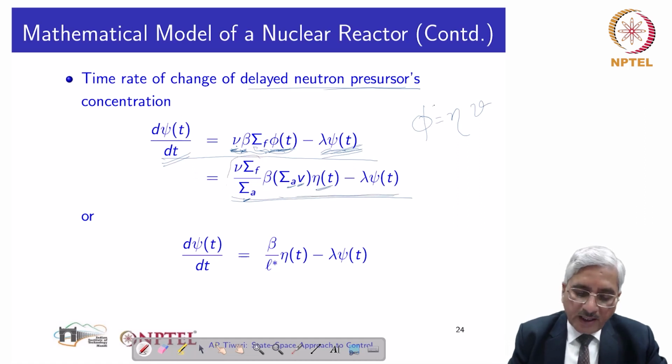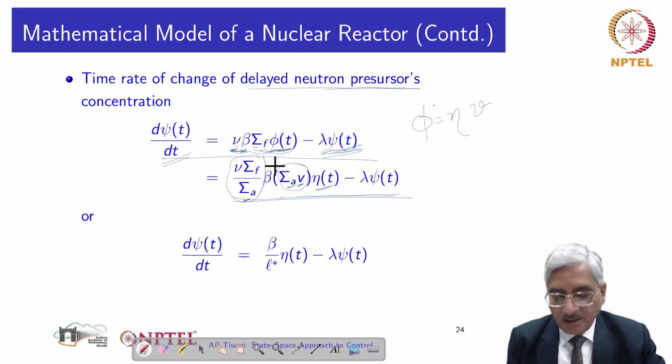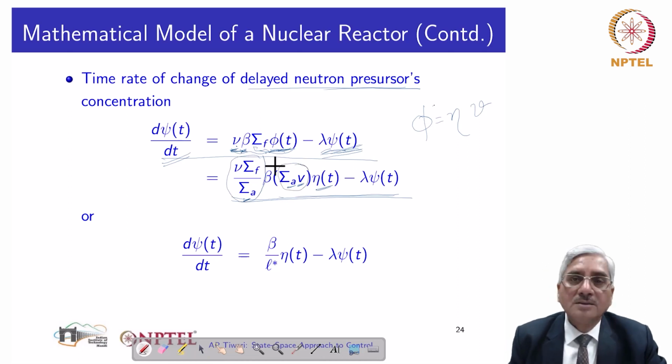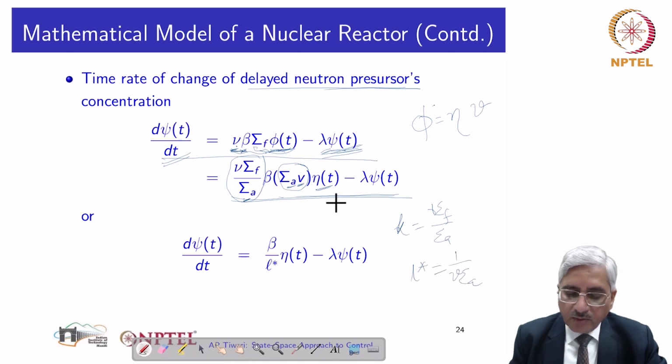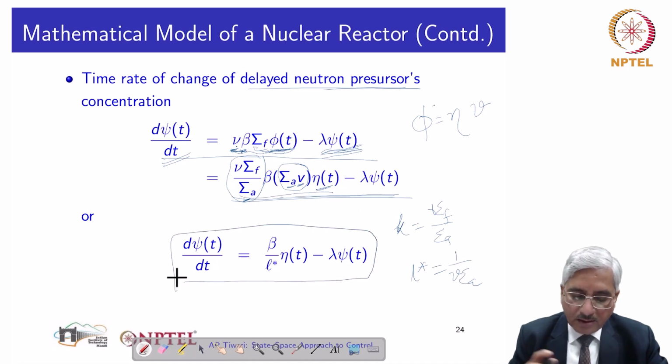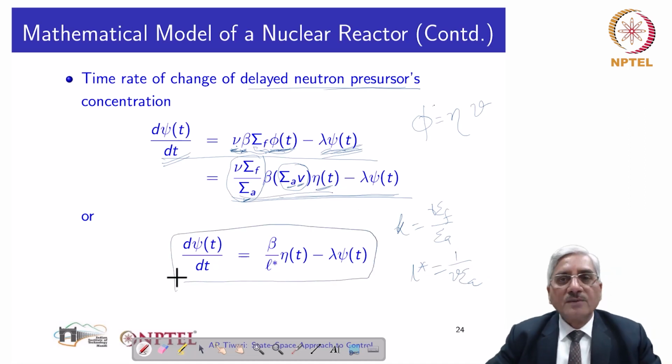And this we had defined as K, and this we had defined as 1 by L star. K was defined as nu sigma f by sigma a, and L star was defined as 1 by V sigma a. So we make these substitutions and we get this expression for time variation of delayed neutron concentrations.